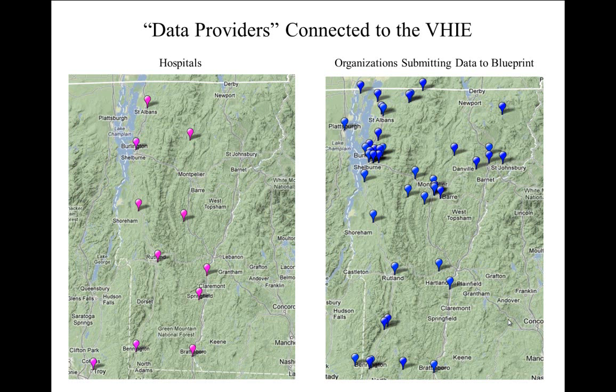For hospitals, I think 10 or 11 of the 14 hospitals in Vermont are connected to the VHIE in some shape or form. They are providing data to the VHIE. And on the right side, we have organizations submitting data to Blueprint. In some shape or form, these organizations are sending data to the Blueprint registry.